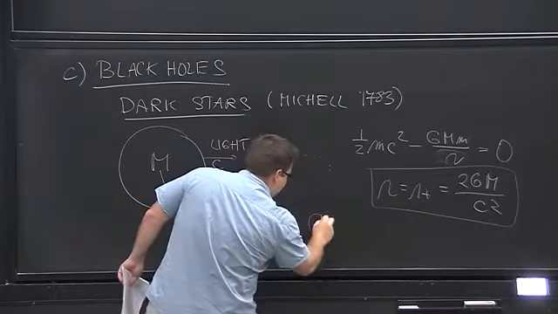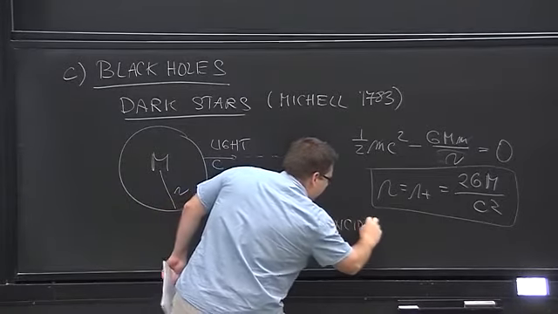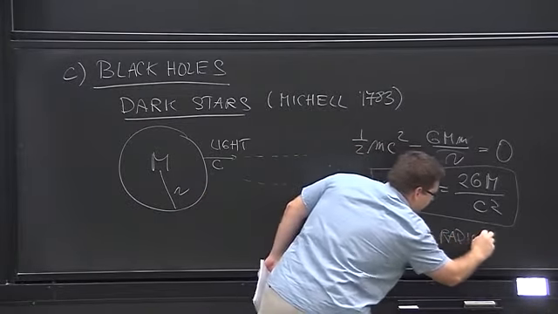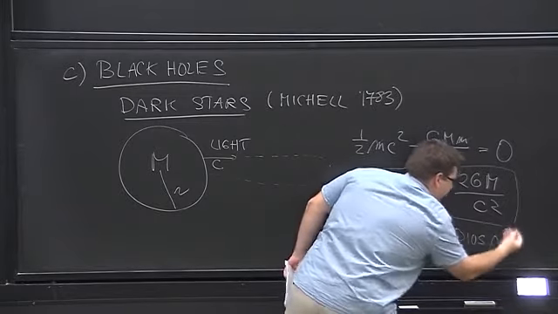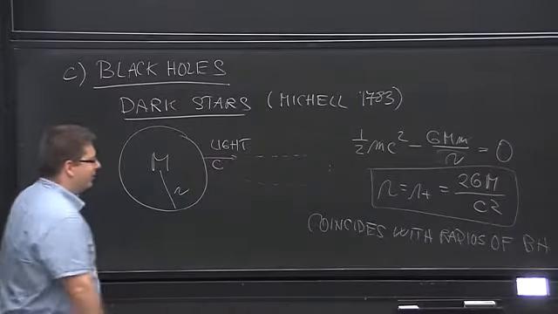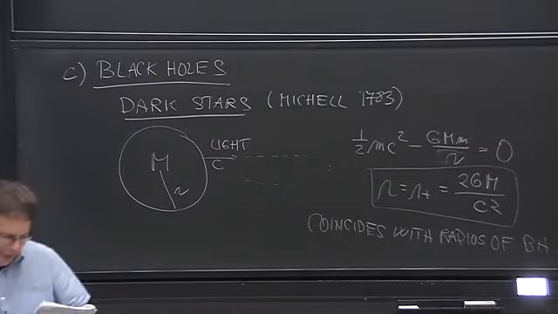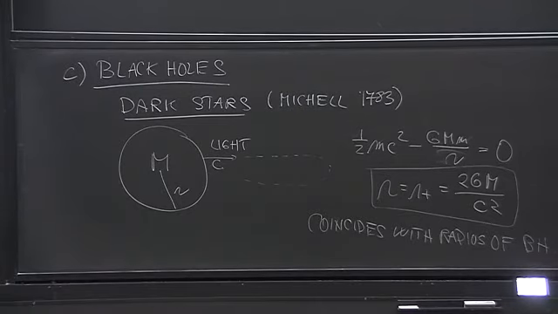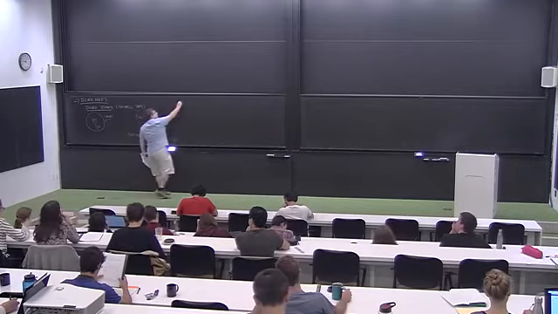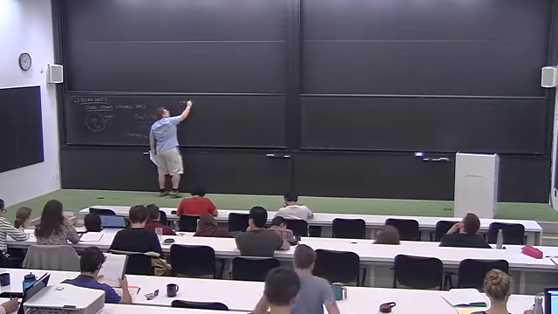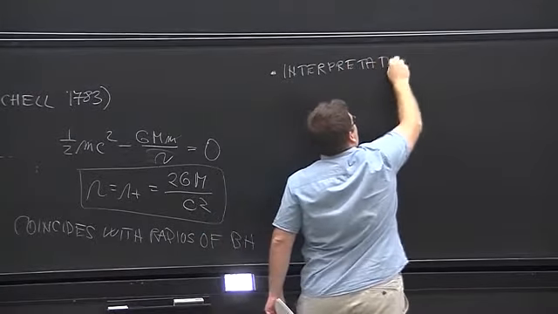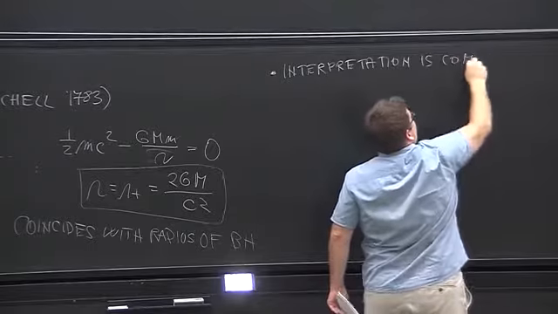So this coincides with the radius of the black hole in full nonlinear general relativity. Okay, so this is quite an amusing fact. However, what is really different is the interpretation. So the interpretation is completely different.